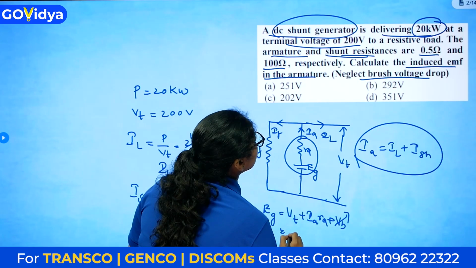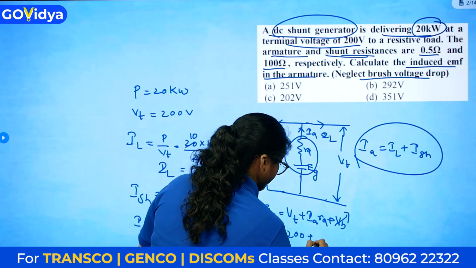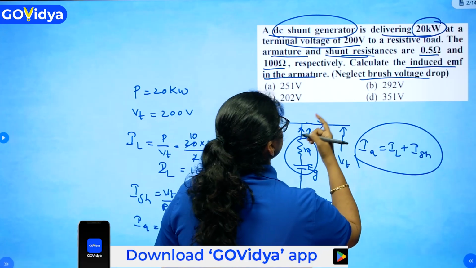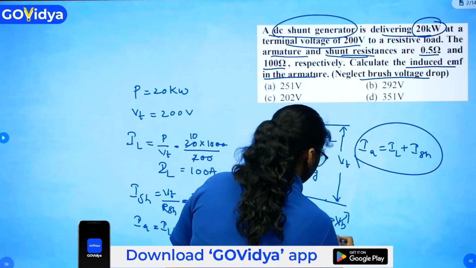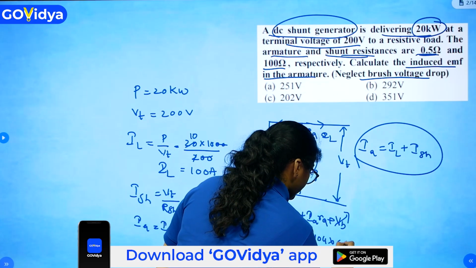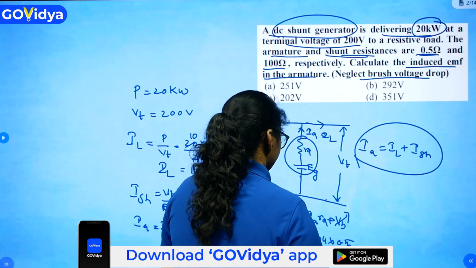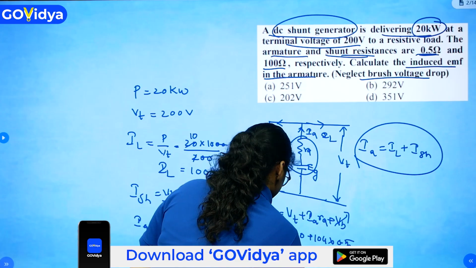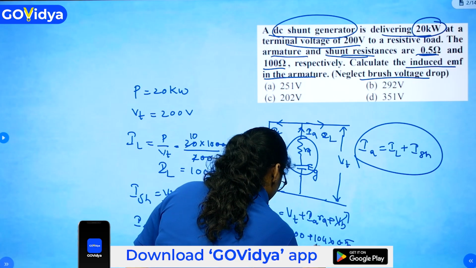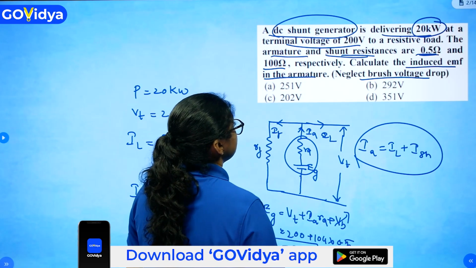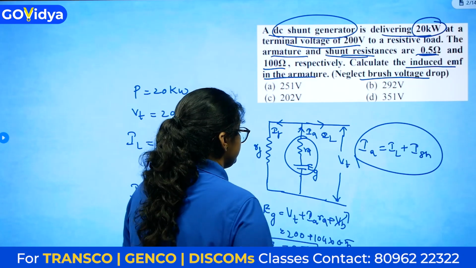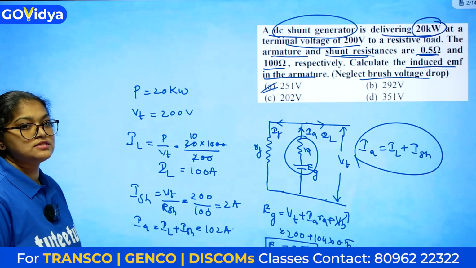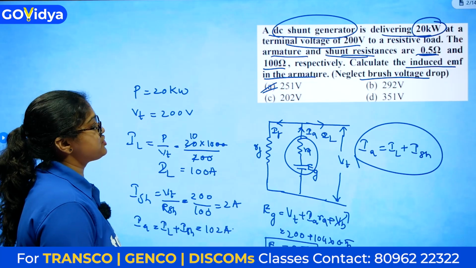Now VT is 200 plus 102 into the armature resistance 0.5, so we will get around 251 volts. EG is equal to 251 volts. So the induced EMF in the DC shunt generator is 251 volts. Clear? Let's move to the next question.